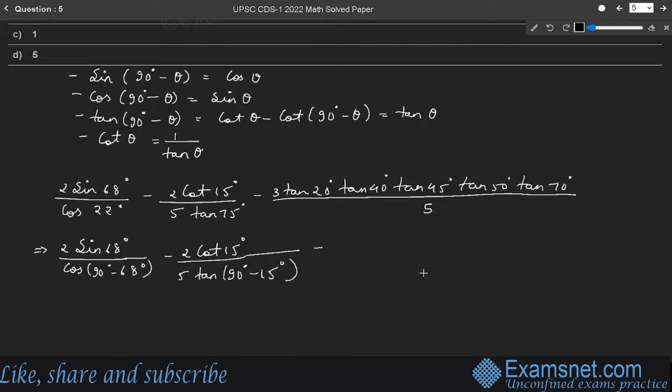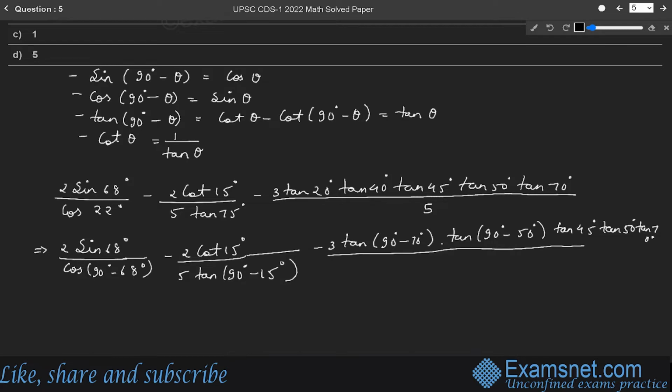Minus 3 tan(90 minus 70) degrees into tan(90 minus 50) degrees into tan 45 degrees, tan 50 degrees and tan 70 degrees, all upon 5.